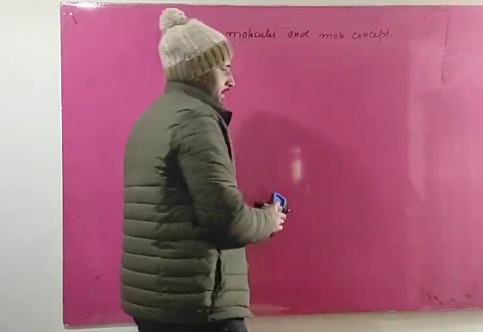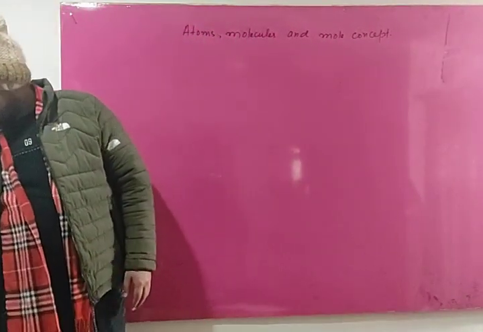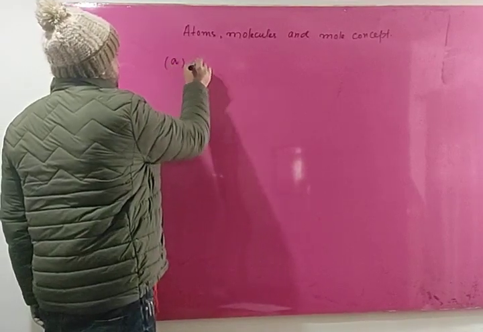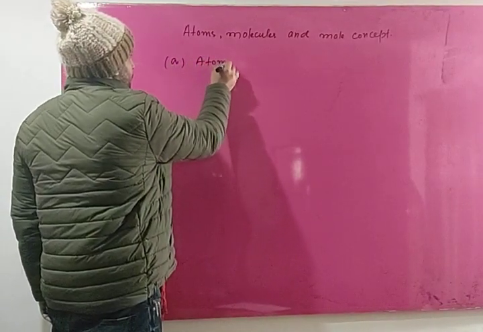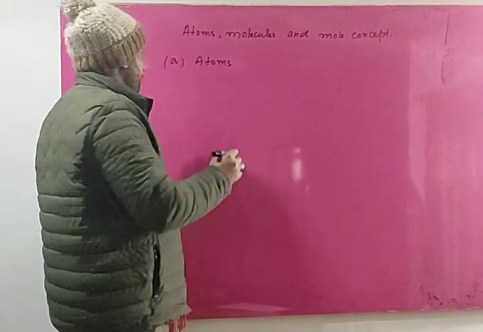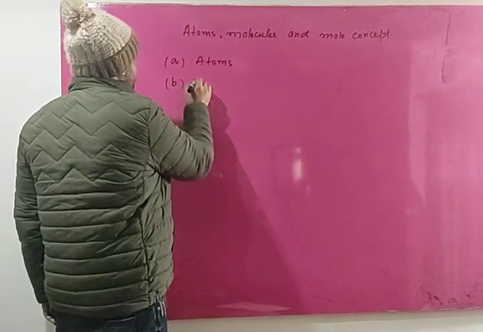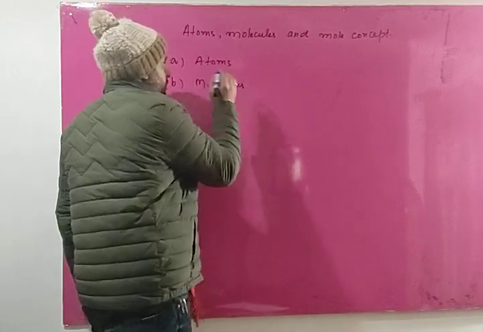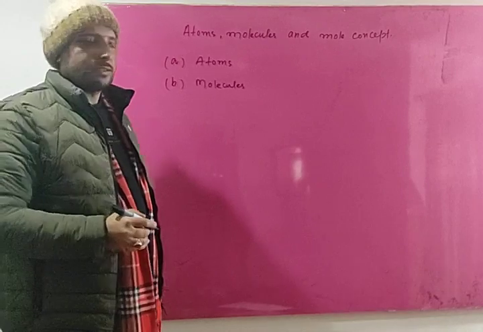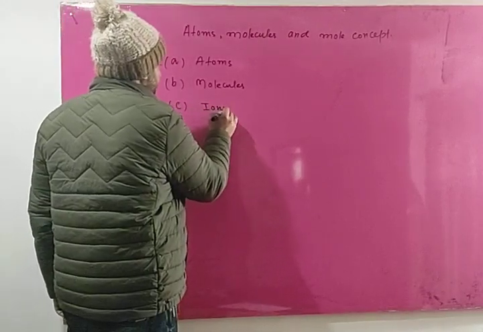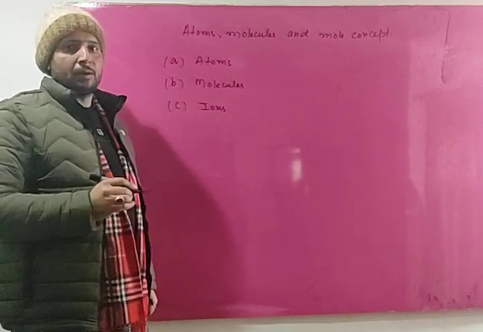These are atoms as constituent particles. We will have molecules as constituent particles. Then third, we will have ions as constituent particles.